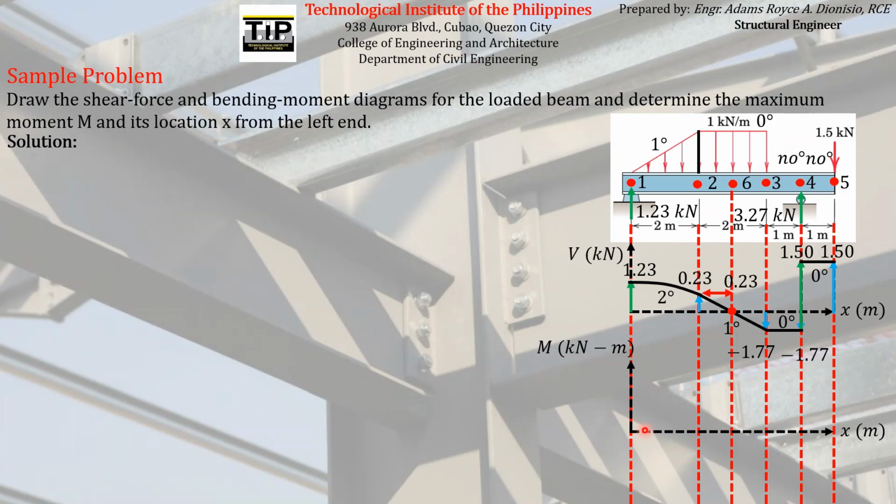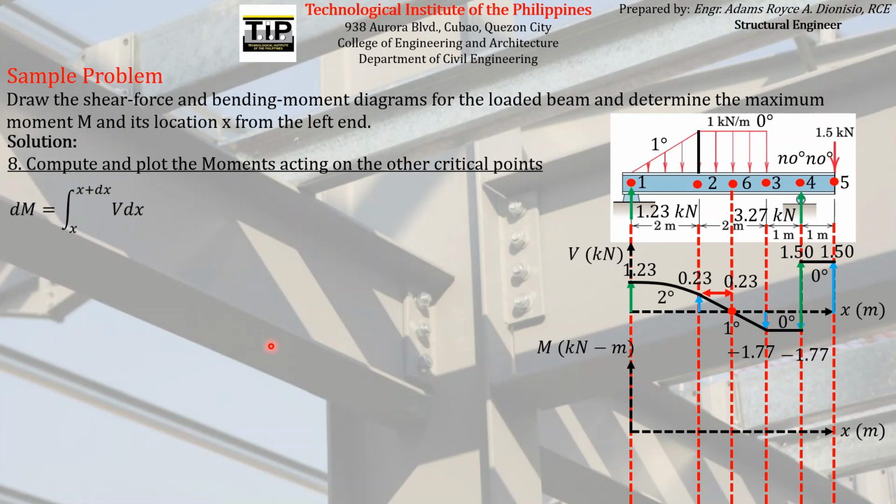So the next step is again almost the same as the shear force diagram procedure. We just have to compute and plot the corresponding moments acting on the other critical points other than the leftmost end. So we just have to find the bending moment acting on point 2, point 6, point 3, point 4, point 5. And how can we compute the bending moments on those other critical points acting on the beam?